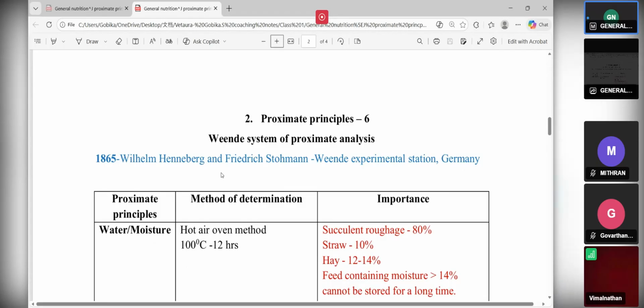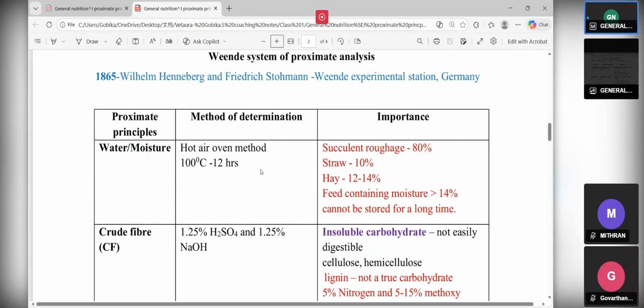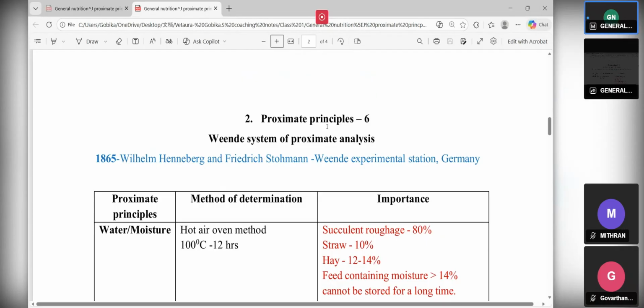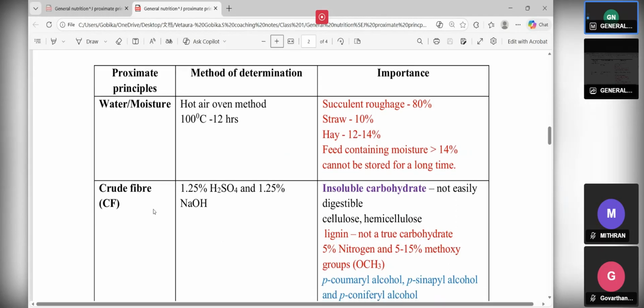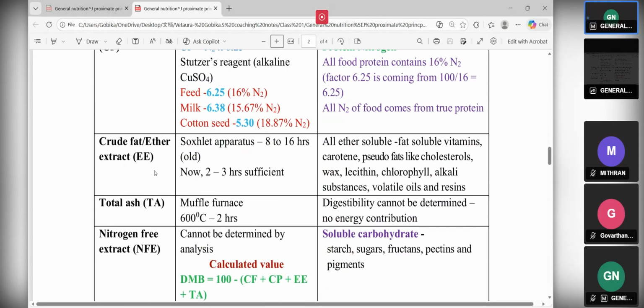Then coming to proximate principles, the next topic in our syllabus. Mainly we should know about proximate principles. We all know from UG also that it is made up of six components, called the proximate principles. The six components are water or moisture, crude fiber, protein, crude fat or ether extract, total ash and nitrogen free extract.